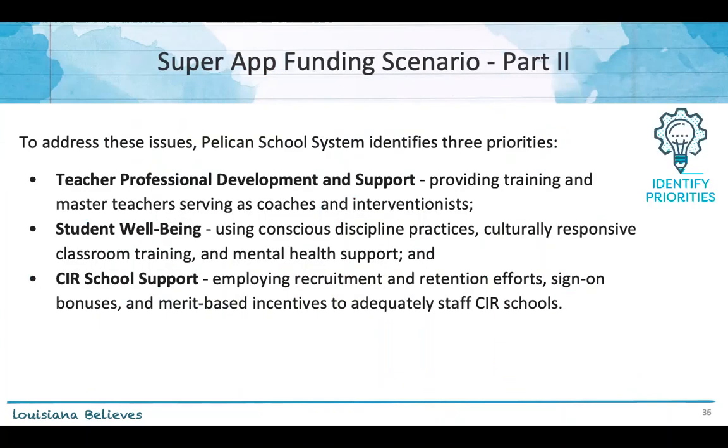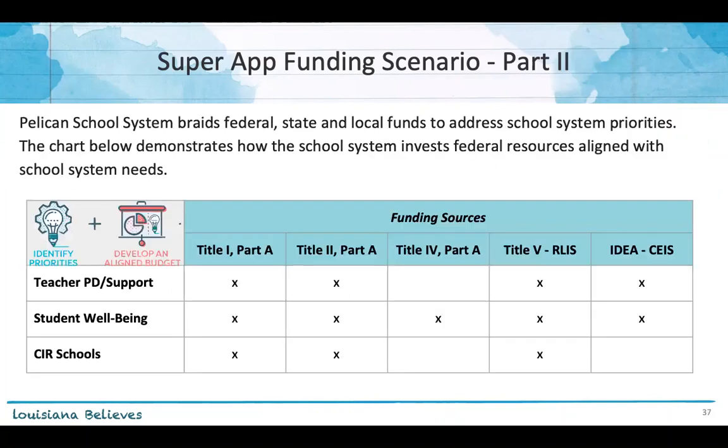Using data and results of the comprehensive needs assessment, Pelican School System identifies 3 priorities: teacher PD and support, student well-being, and CIR school support. To braid or coordinate funds and address priorities, the chart on this slide demonstrates how Pelican School System invests federal resources.